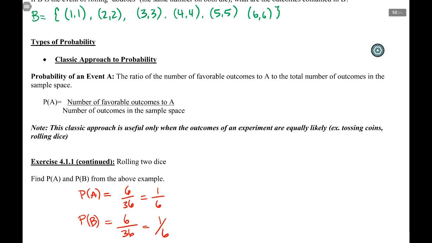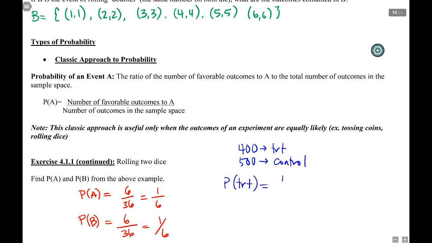This classic approach really does rely on you having these sample spaces. So we can think back to the first example on the worksheet from Thursday where we had 400 people getting put into the treatment group. We had 500 people getting put into the control group. And then we asked, what's the probability of being in the treatment group?